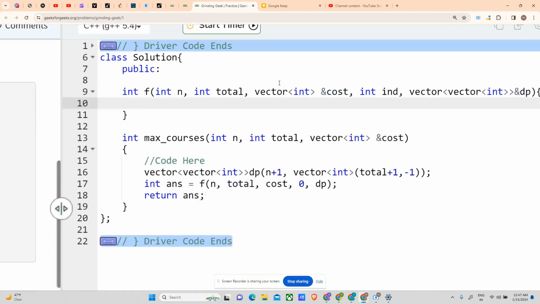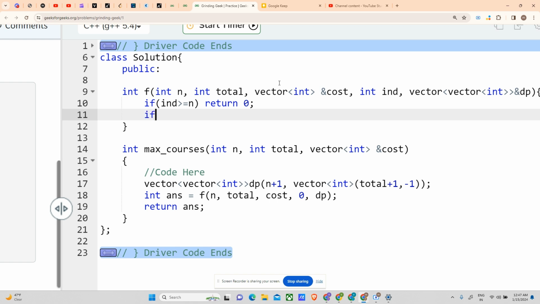My first base condition is that if index is greater than or equal to n, in that case return 0. Otherwise, if dp of index total is not equal to minus 1, in that case return dp of index total.